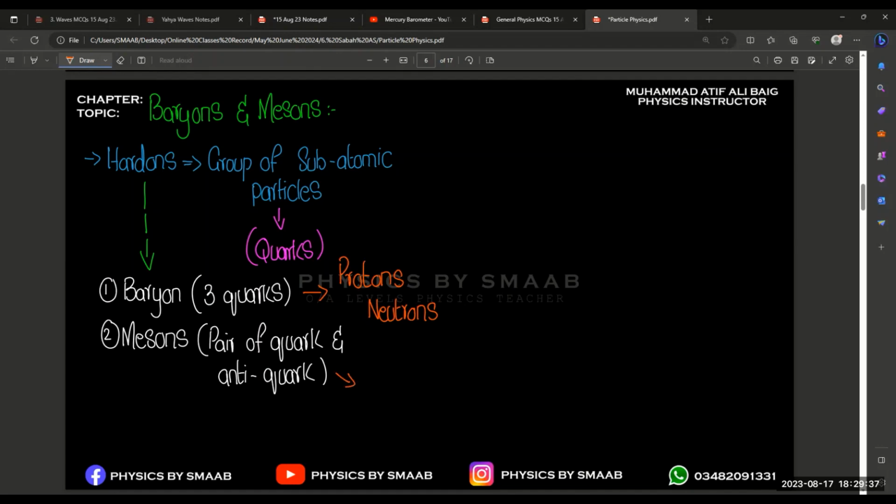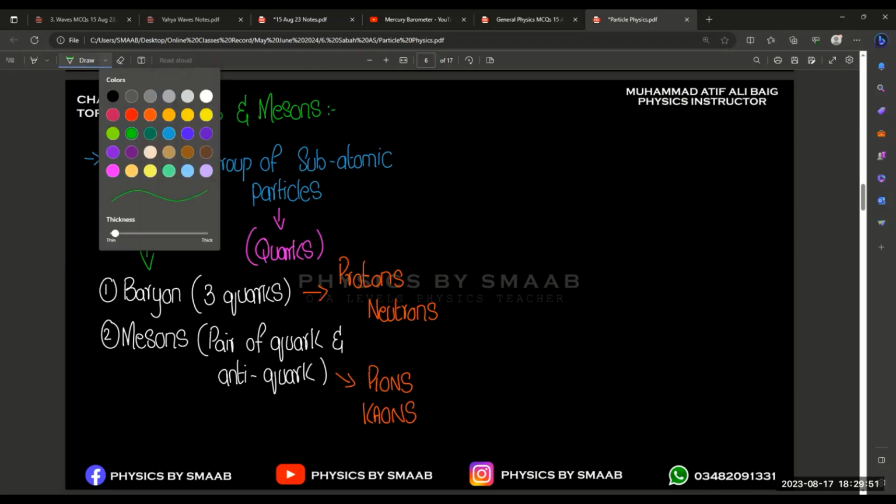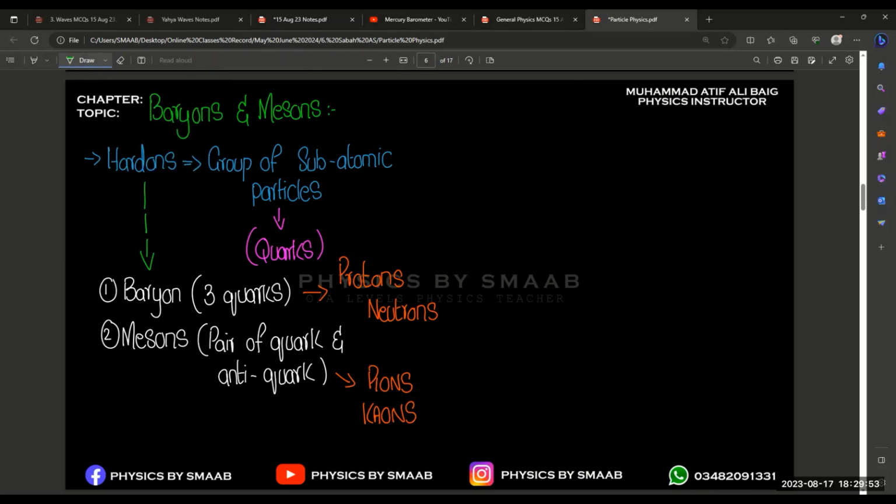The first one is known as pions, and the next one is kaons. These names might be slightly difficult, but they never ask about such specification, but I am writing the names because you must know about the difference. Mostly they ask what is the difference between leptons and mesons.